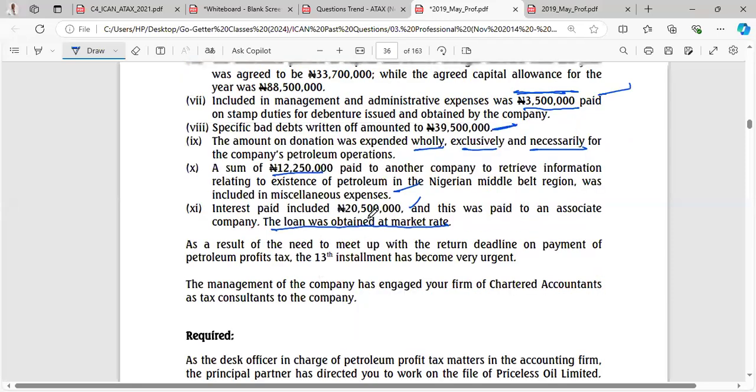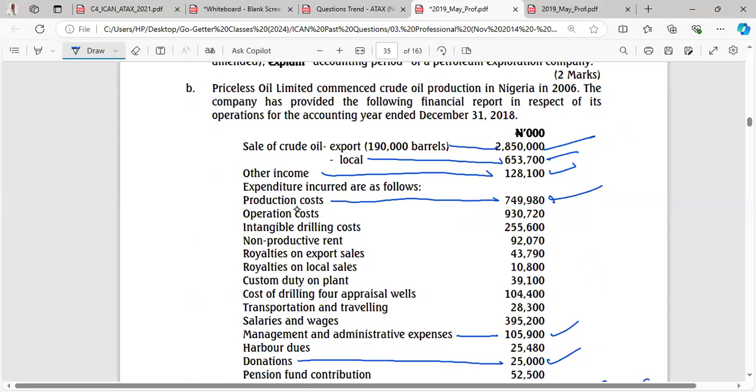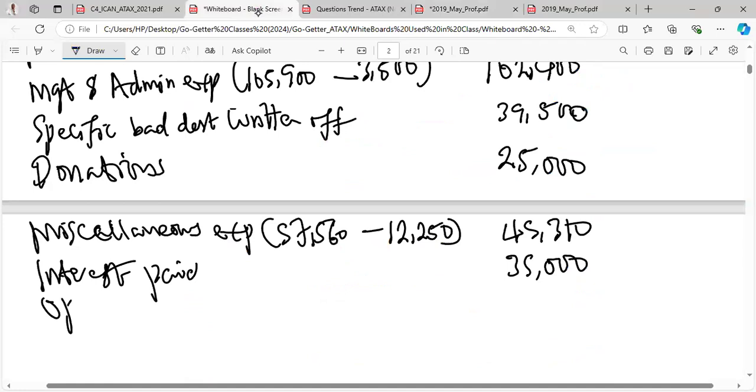So we have looked at expenditure. So we'll now come here to see which one we'll pick. Operations cost. We'll pick this. Operations cost 937.20. Operations cost 937.20.